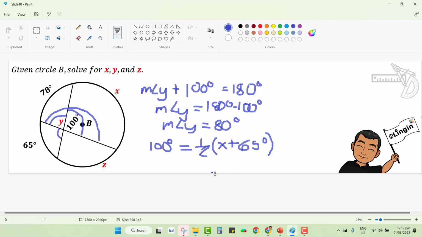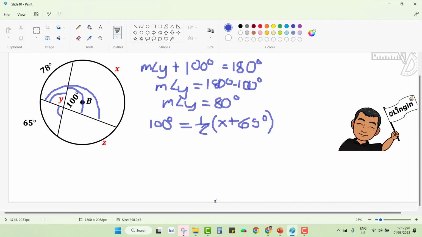Let me increase this portion here for more computation. Bear in mind that it's not the angle that is unknown, but one of the arcs. So we multiply both sides by 2, and you will get 200 degrees is equal to x plus 65 degrees, because as you multiply both sides, the division by 2 is removed.